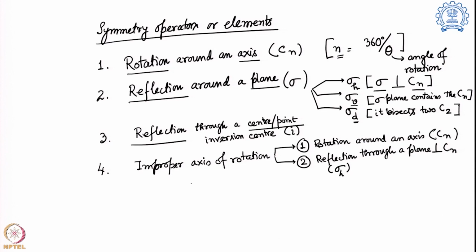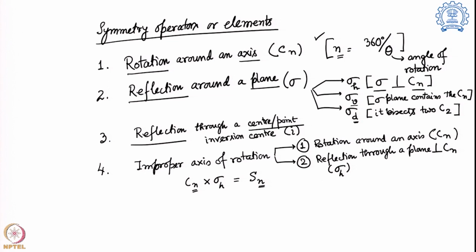So, over here we do 2 operations next to each other, Cn and sigma h, and this is written in the form of Sn, where the n is coming from the Cn, again the angle of rotation we are talking about. It does not mean that a molecule has to have both of them actually present.